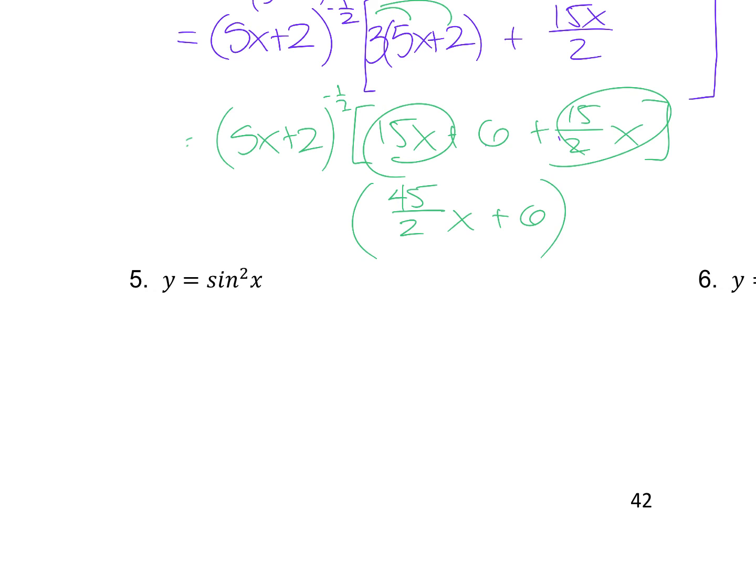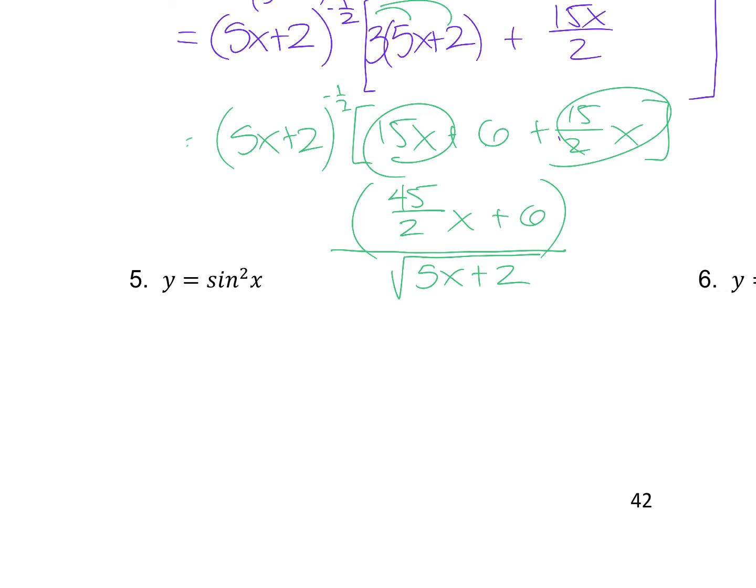Oops, brackets. Now, here is where once that's cleaned up, where is that 5x plus 2 to the negative 1/2 going to go? On the bottom. Why on the bottom? Negative exponent. So I'm going to drop that down there and make it a root. One last thing I need to do.